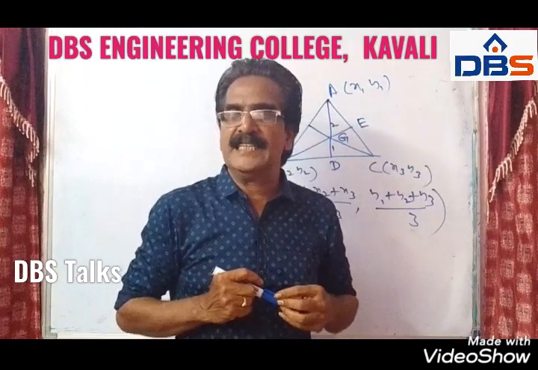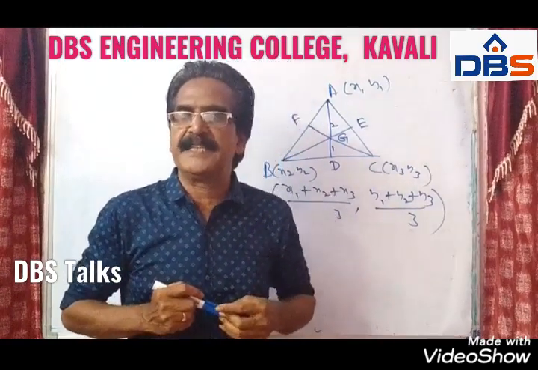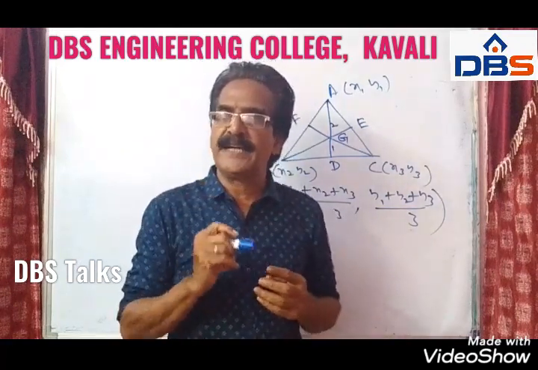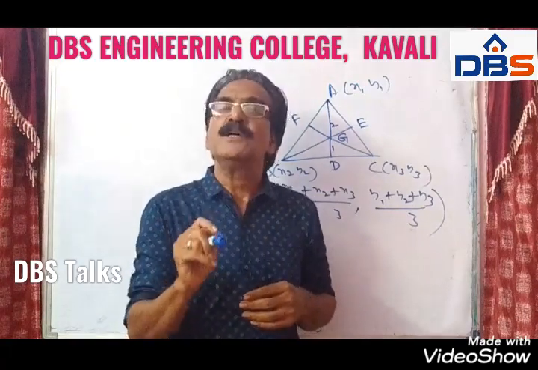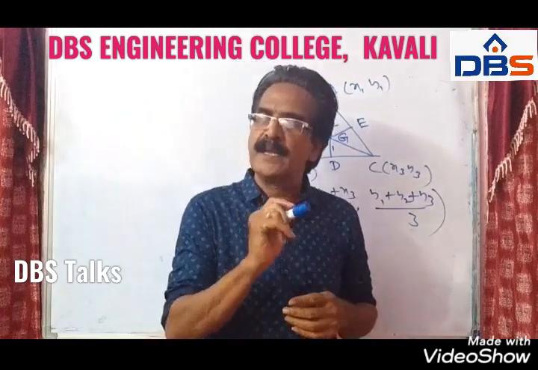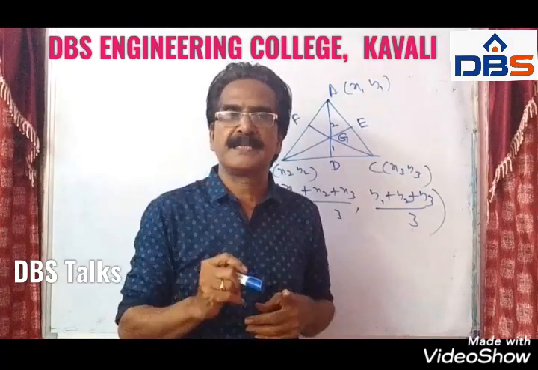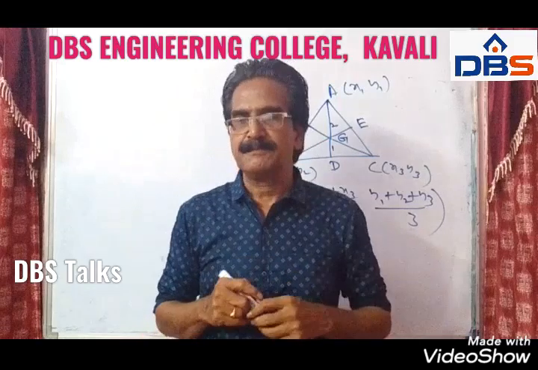How to find the centroid? The centroid divides the median in the ratio 2:1, so you have to find the point which divides AD in the ratio 2:1, as per your earlier formula. According to that formula, you can find G. That is the second thing.